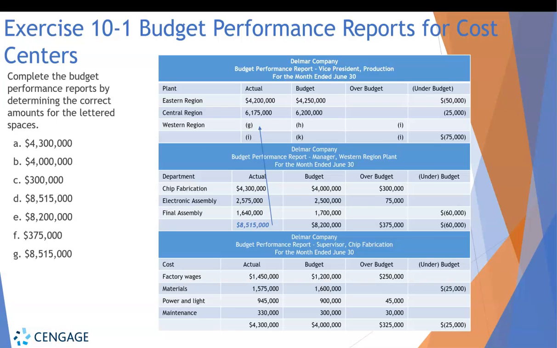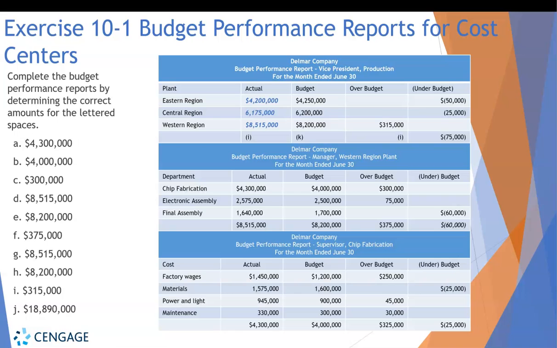For G, the total that goes into the Western Division here is $8,515,000. The budget for the Western Division is $8,200,000. We're pulling from what we've just finished. For I, we have the net of the over budget less the under budget of $315,000.